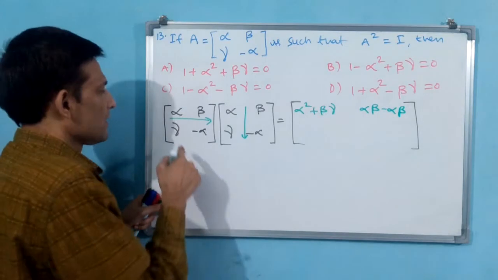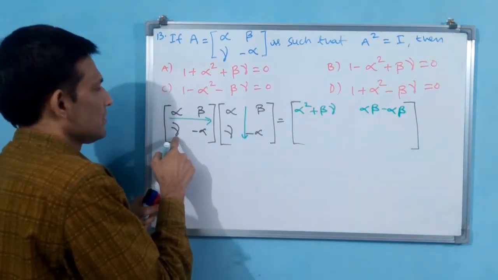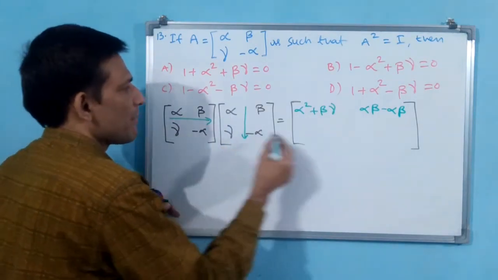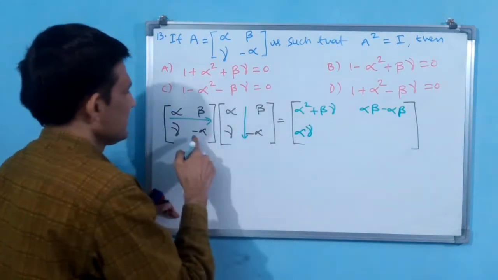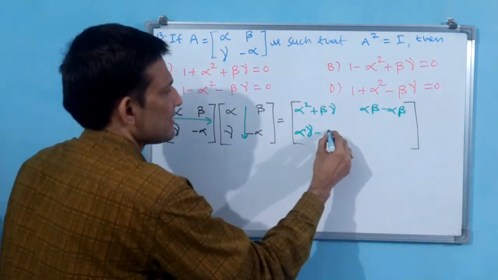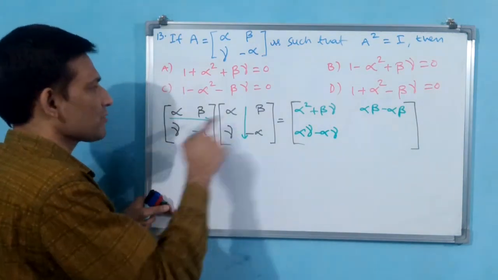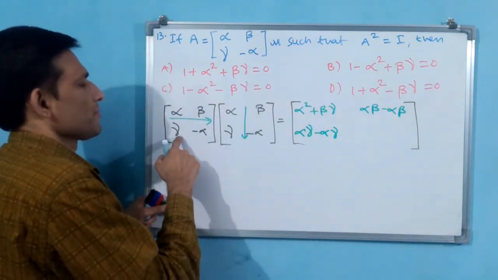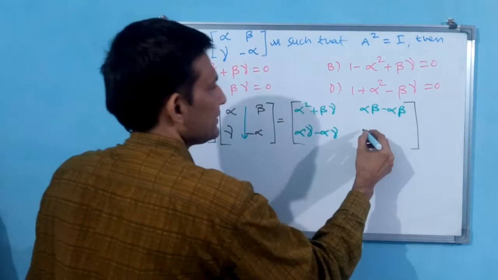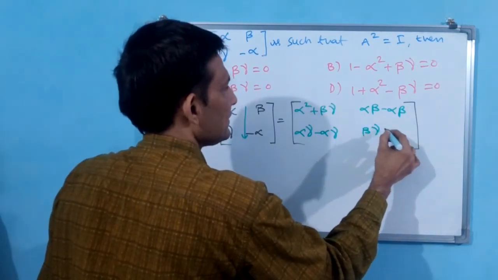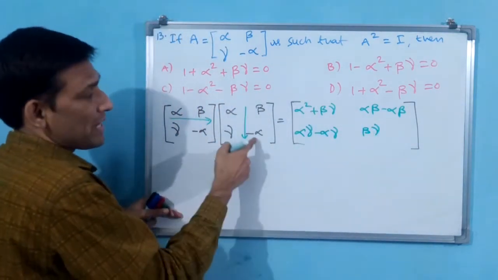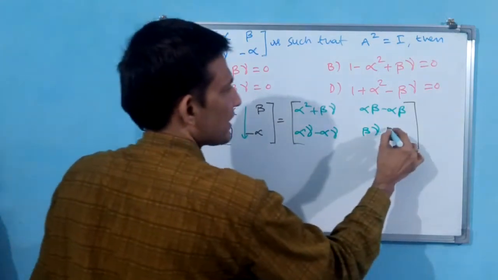Second row, first column: alpha gamma minus alpha gamma. Second row, second column, you see again: beta gamma, minus into minus, plus alpha square.